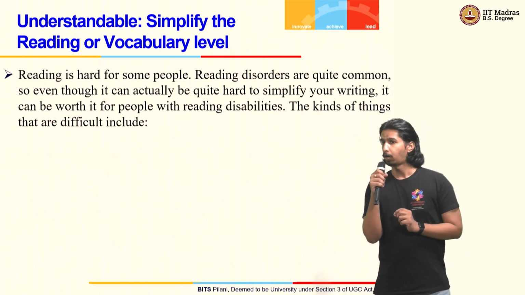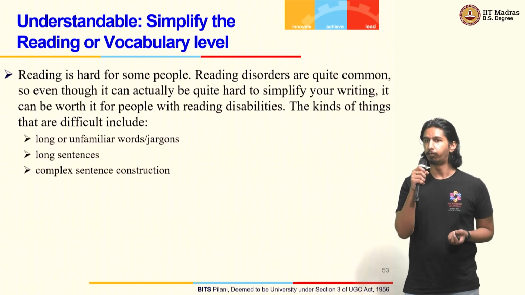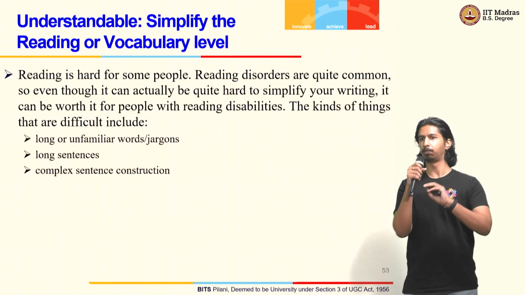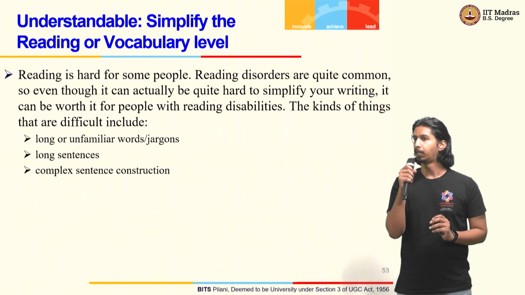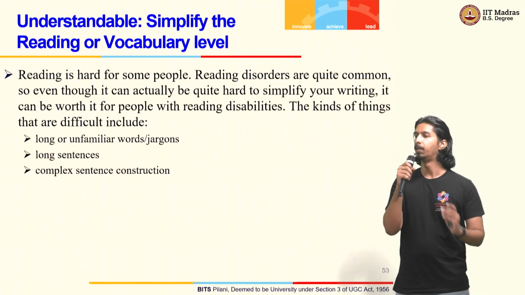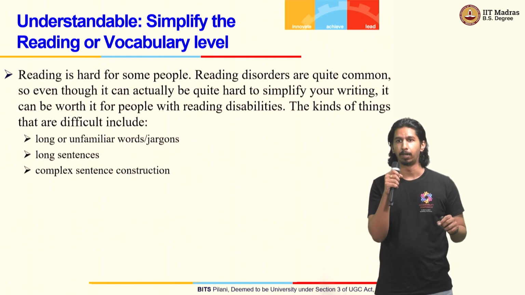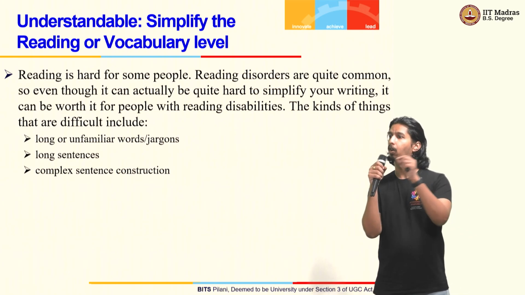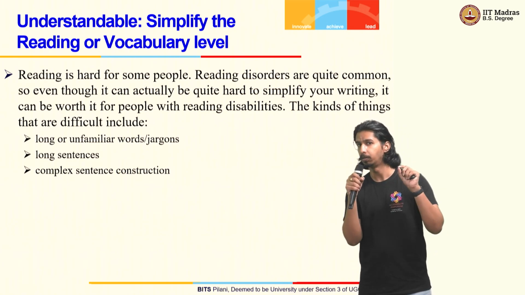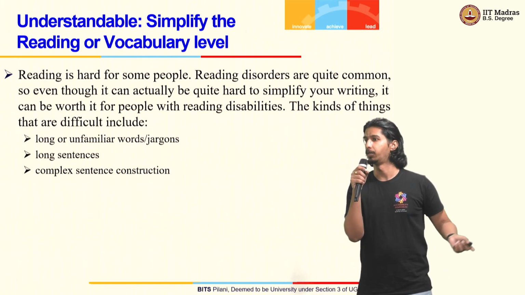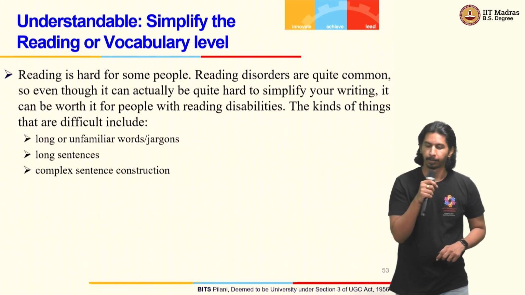A lot of times, the jargon that you use may not be familiar to people. In general, the simple rule of thumb is that for anything on your website, use language which an 8th standard student will be able to comprehend. But if you have any technical terms, if you are using a banking site or a very complex website, then have a glossary. Tell them this is the meaning of this word on your own website. Don't let the user go and find it in a dictionary. Try to have it on your own website in a glossary section.